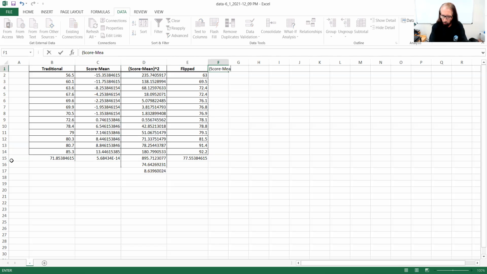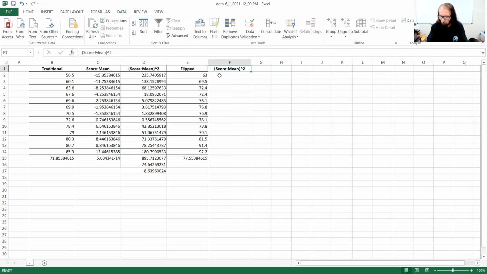So I'm going to speed this up on the next one by going straight to doing the score minus mean and squaring it all at once. So score minus the mean. Got to put that $ sign between the E and the 15 so it keeps going to the same row. And let's see, did I square it? I didn't square it yet.